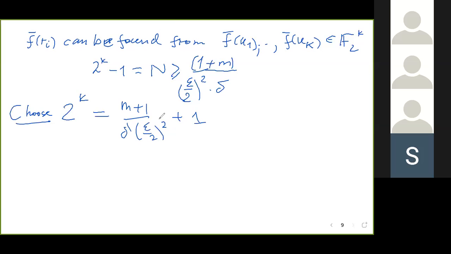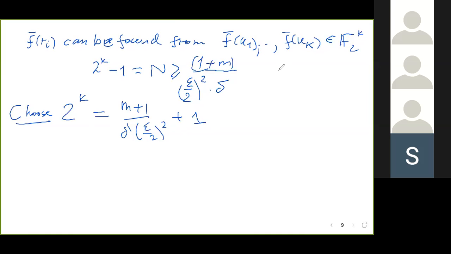It's not important. Then 2 to the k will be at most 2 times larger than this value, but this is not important at all. The point is that 2 to the k is polynomial in our parameters m, 1 over delta, and 1 over epsilon. And k is then logarithmic, so k is actually very small.